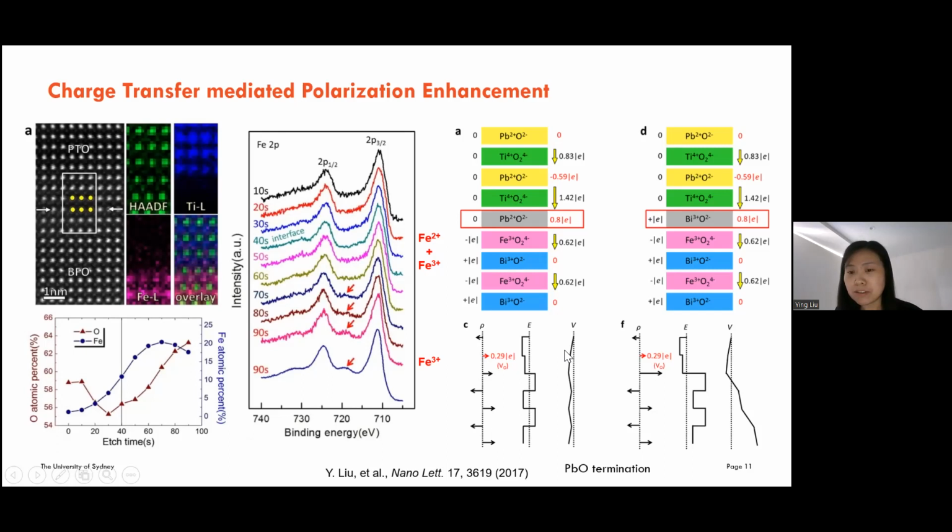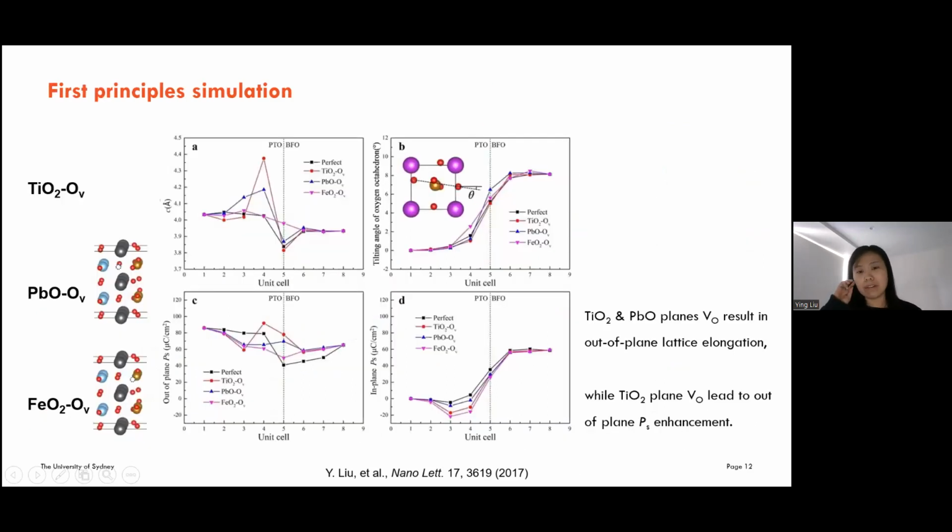Using the polar catastrophe model, we can determine that the interface is a light oxygen terminated interface. And according to the first principle simulation, we found that it is the oxygen vacancy near the interface that contributes to the polarization enhancement.